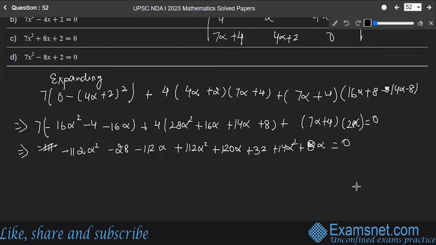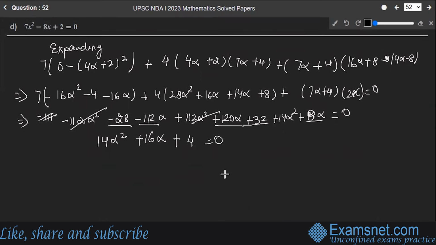Doing all the solving, these two will cancel, and further cancellations give you 14 alpha square, 16 alpha, and minus 28 plus 32 will give you plus 4 is equal to 0, which gives you 7 alpha square plus 8 alpha plus 2 is equal to 0.